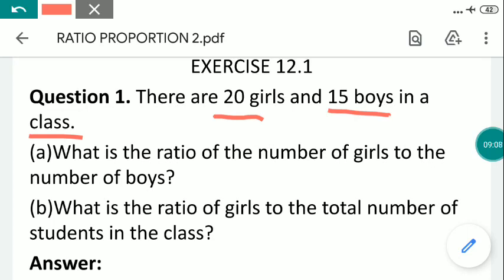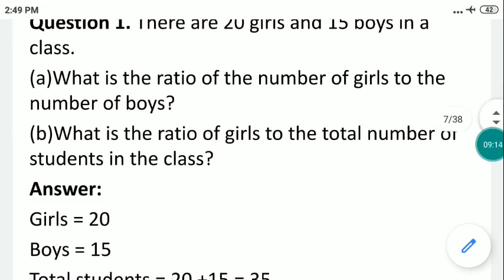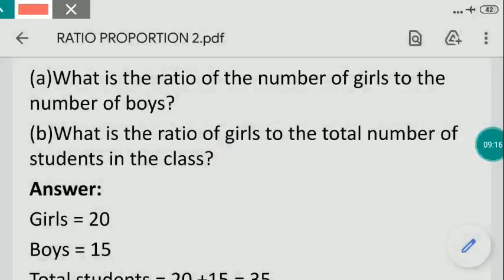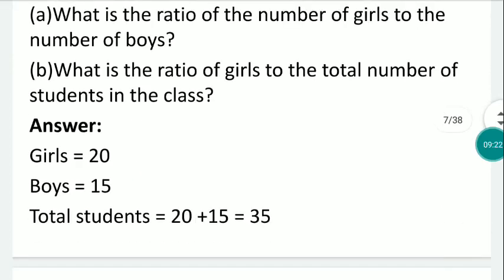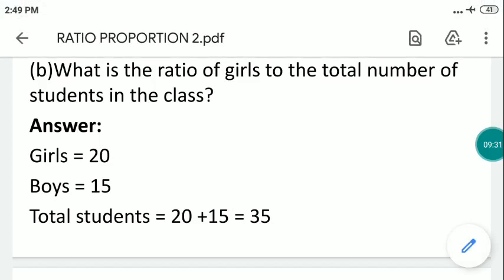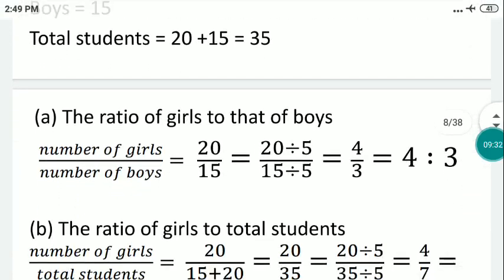B. What is the ratio of girls to the total number of students in the class? So here girls are 20, boys are 15. So total students there is 20 plus 15 is equal to 35, because in a class total students is equal to boys plus girls, which is equal to 20 plus 15 is equal to 35.